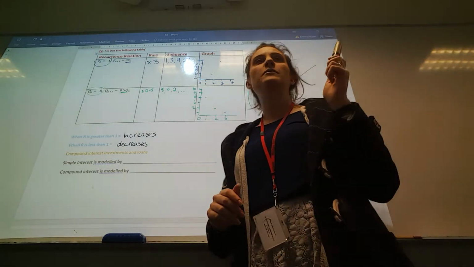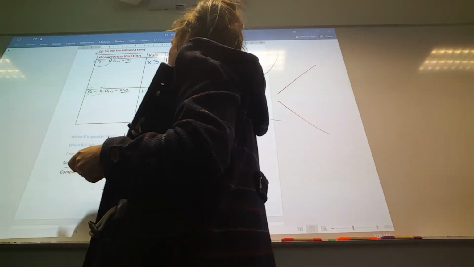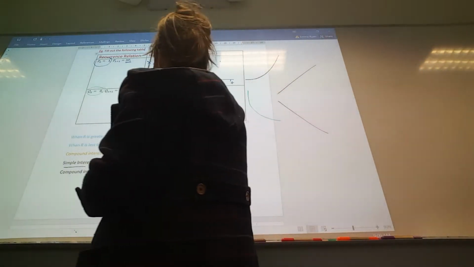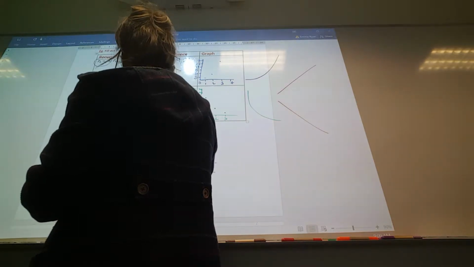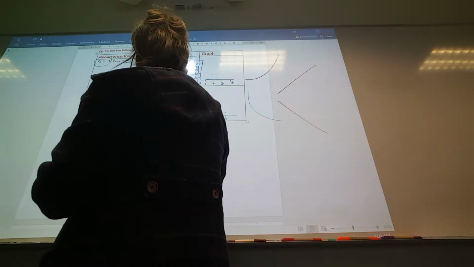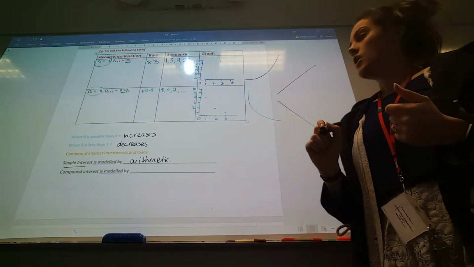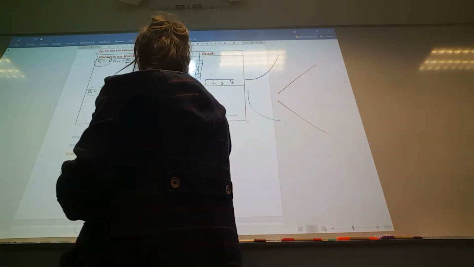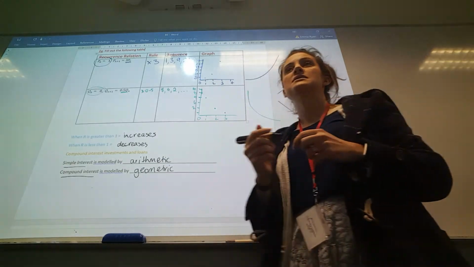Because we're talking about finance, it's really important to note that when we're talking about simple interest, we're talking about arithmetic sequences. When we're talking about compound interest, we are talking about geometric sequences.